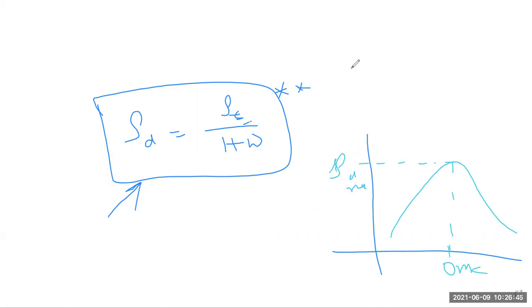Okay. So compaction curve is used to find the water content of soil which gives maximum dry density or maximum degree of denseness. Okay, this point is clear, everyone.